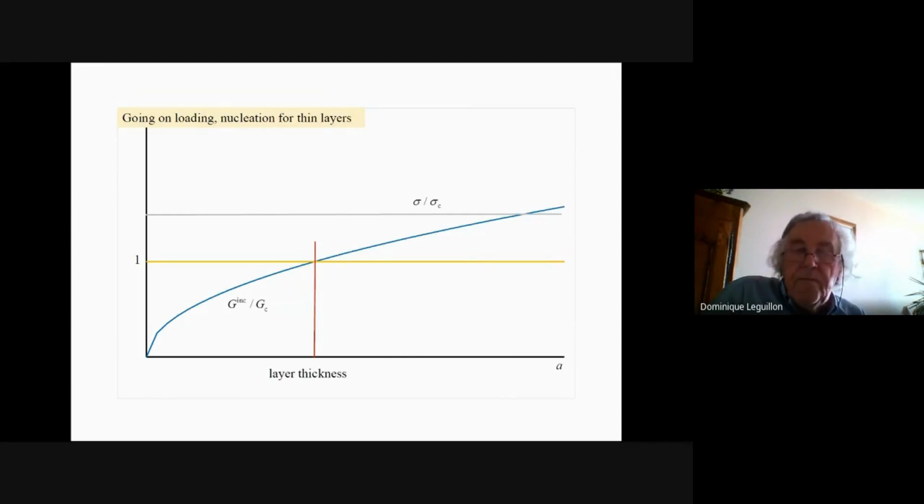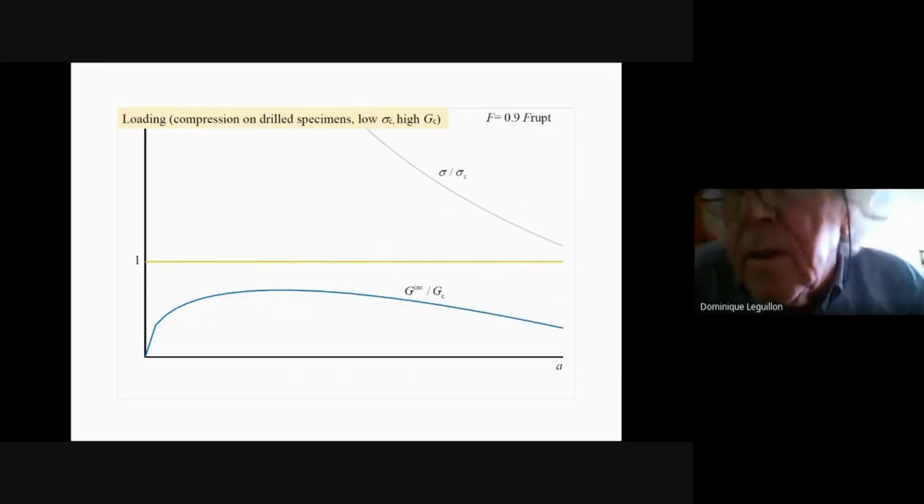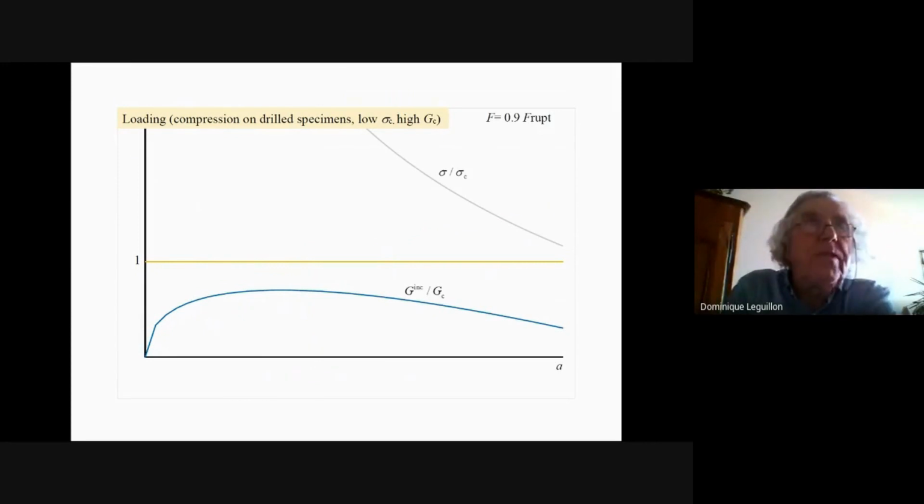Okay, so these are the two cases we have observed here. The first one, remember, the V notch, and here, for instance, the inner layer of a cross-ply laminate. Now, there is an interesting experiment that is often done, especially on rocks: compression on a drilled specimen. You have a specimen with a circular hole inside, and it is tested in compression.